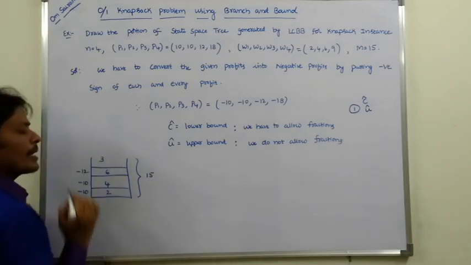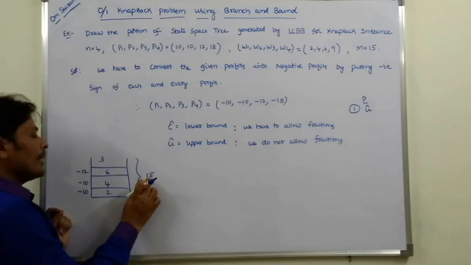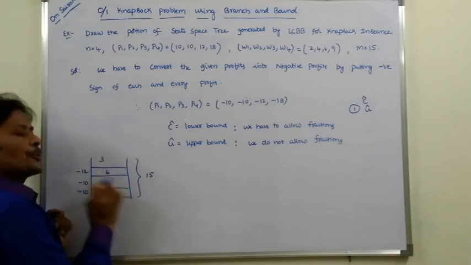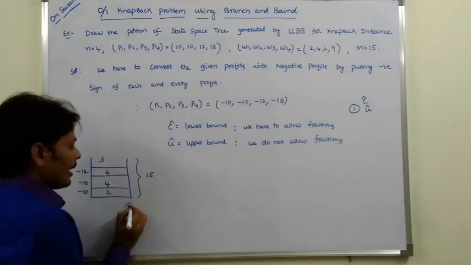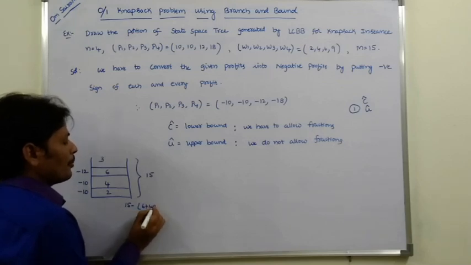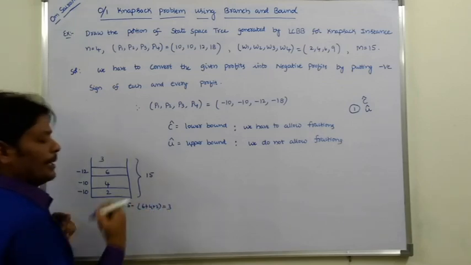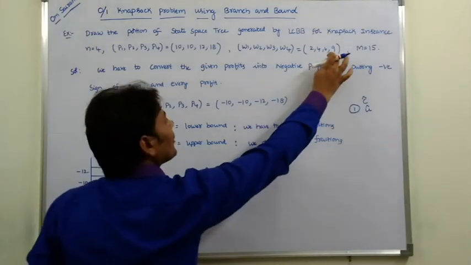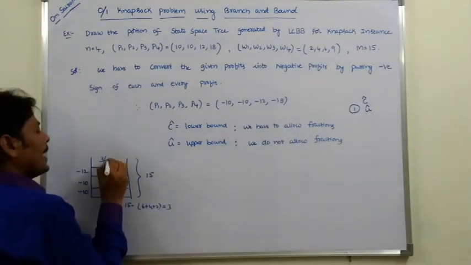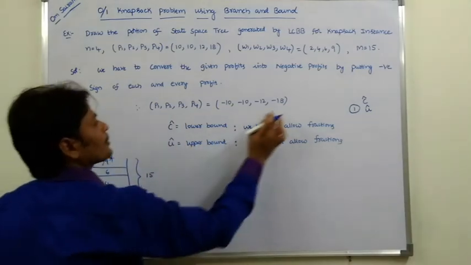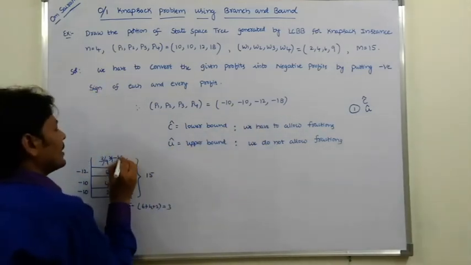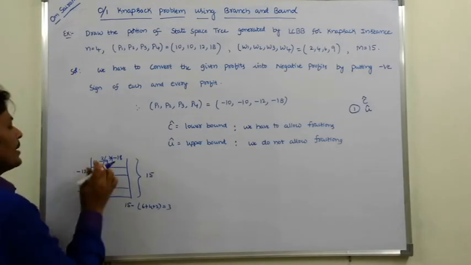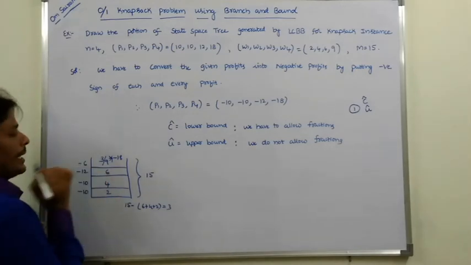That is, the remaining capacity is 3, 15 minus 6 plus 4 plus 2, so that is equal to 3. Okay. Remaining capacity divided by the weight of that object, that is 3 by 9, into its corresponding profit minus 18. So that is minus 6.